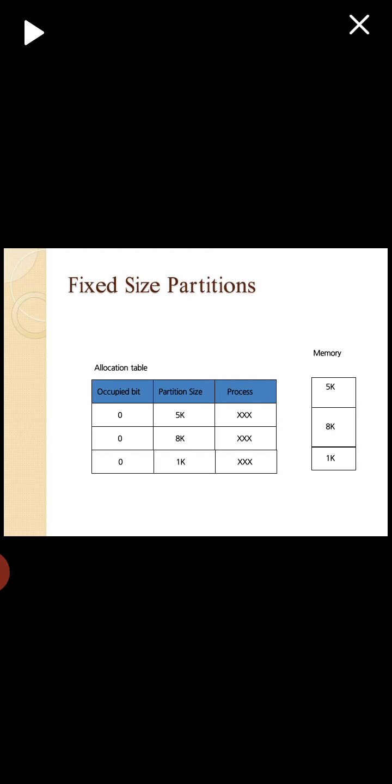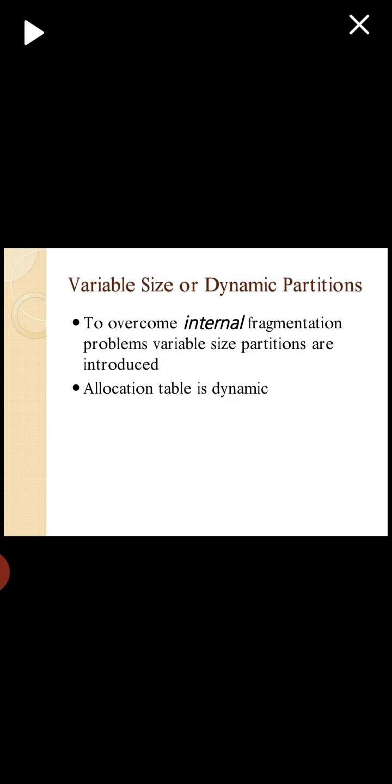This is the structure of your fixed size partition, in which the allocation table is shown, with occupied bit, partition size, and processes, represented in the form of memory, that is 5K, 8K, 1K. Variable size or dynamic partition: to overcome the internal fragmentation problem, variable size partitions were introduced.